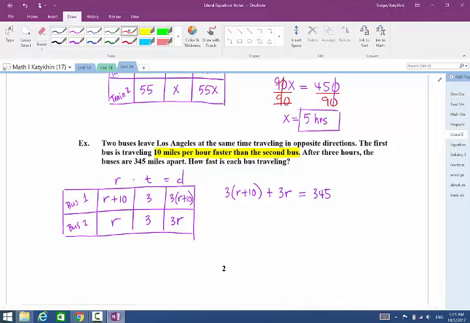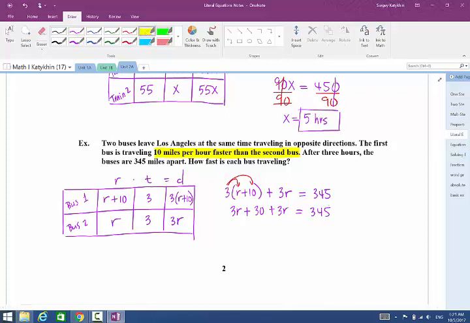So looking at that problem, you should have noticed that we need to go ahead and distribute the 3. So 3 times R is 3R, plus 3 times 10 will be 30, plus 3R is equal to 345.